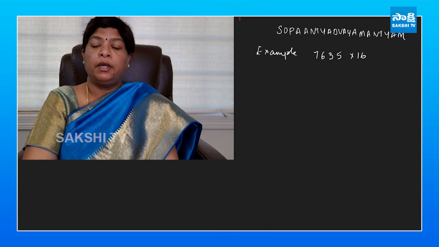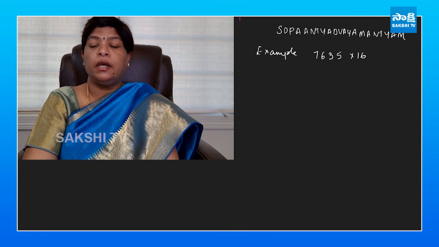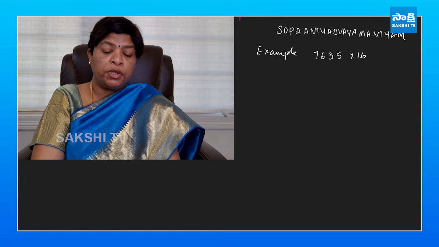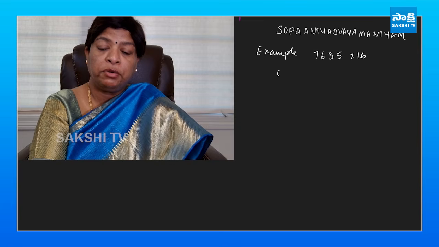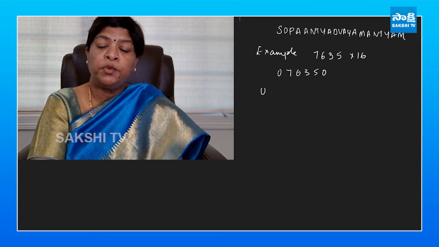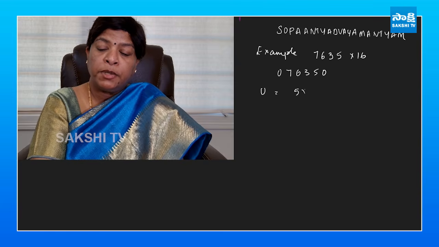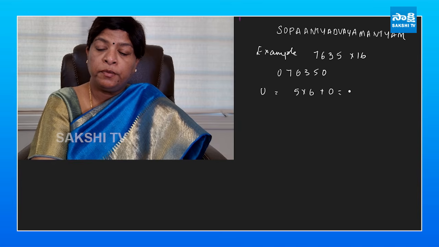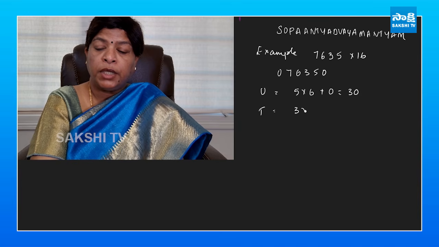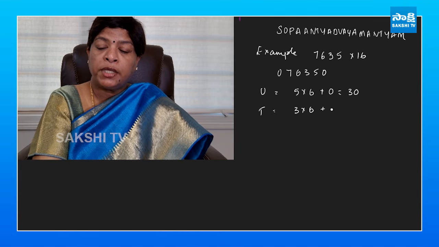Here we have our multiplicand as 7,635 multiplied by the multiplier 16. So as usual, we begin with adding a 0 in the beginning and at the end of our multiplicand. And then the units place would be 5 times 6 plus 0. Tens place is 3 times 6 plus 5.